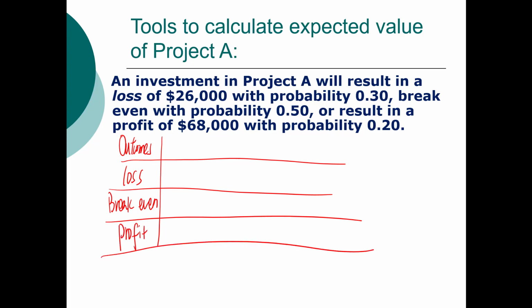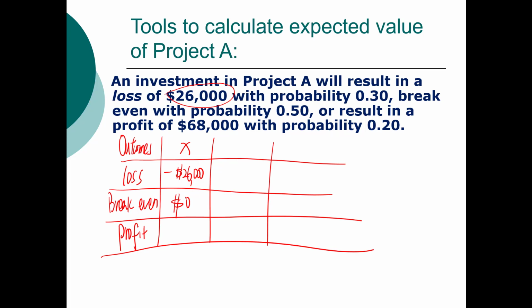Okay. We have three different outcomes, and each outcome here represents a monetary reward or loss. So in the loss case, we have a 26,000 loss, minus 26,000 because it's a loss, right? So deduct 26,000 from your bank account. Break even indicates $0, meaning no profit, no loss.